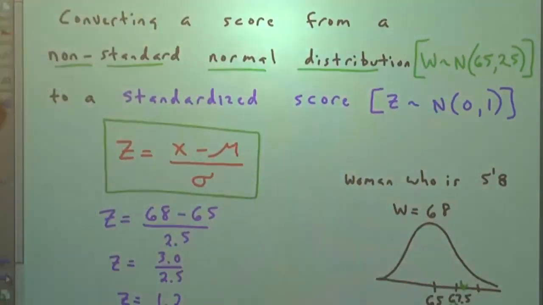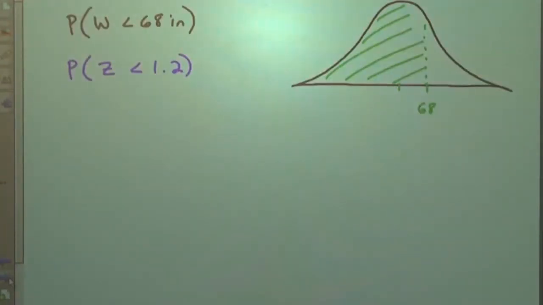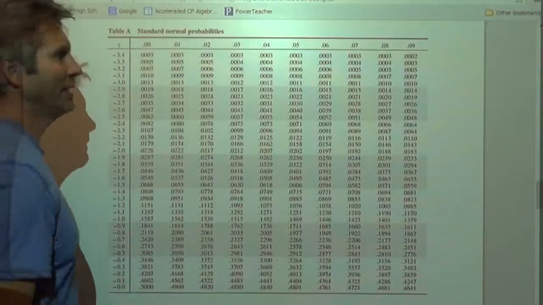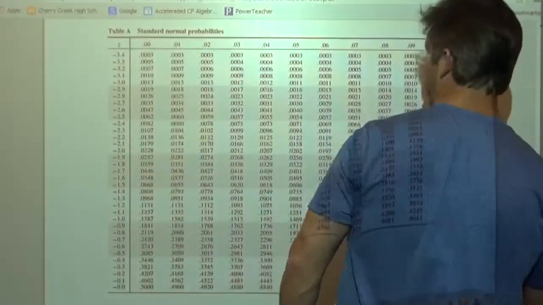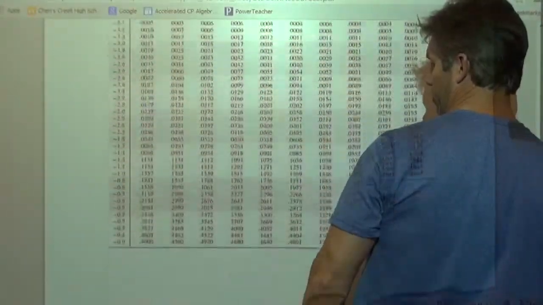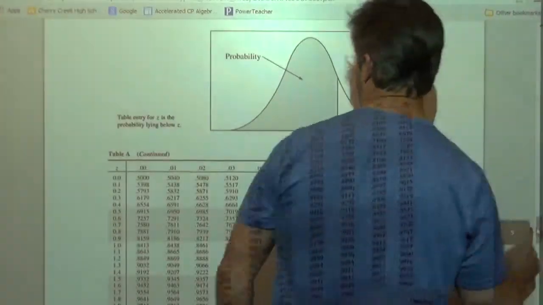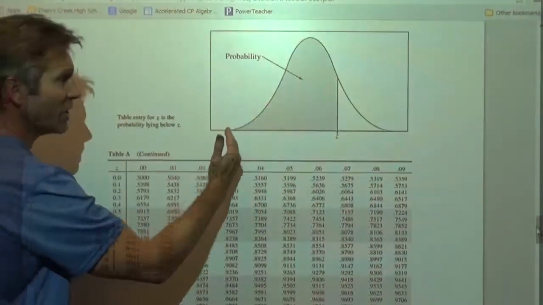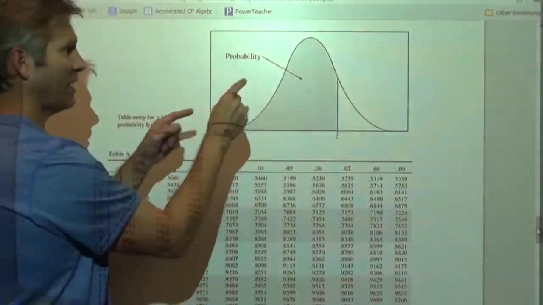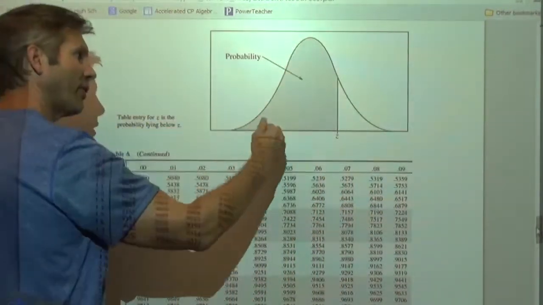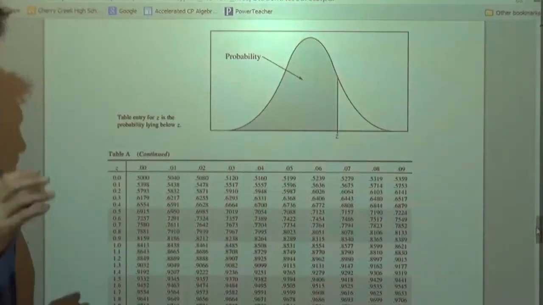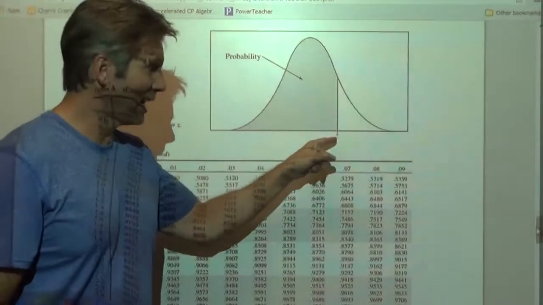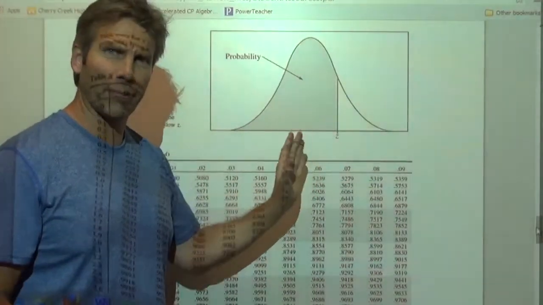This person's at 1.2. Okay, now what we can do, I have a confession. This table that we had down here, it's not really a table for z-scores. Those aren't what the z-scores were. This is a table for actual z-scores. If you find your z-score, which is your location on the x-axis, this table will find the area under the curve below that z-score, meaning it will tell you what proportion of the entire population is less than that many standard deviations from the mean.